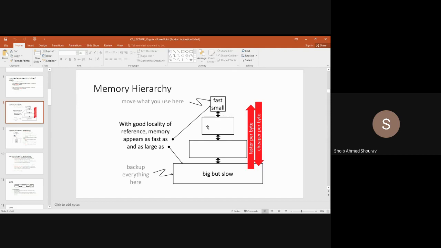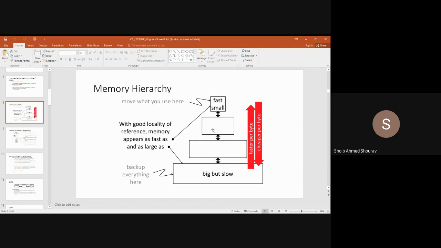Because we have to look for it in the lower parts of the memory, like RAM or maybe the hard disk. It will not go directly from there to the processor. It has to go through the memory hierarchy. If something is found only in the hard disk, then it has to go to RAM, then to cache, then to the processor, so it will be a long delay.